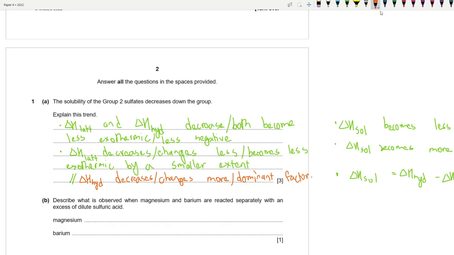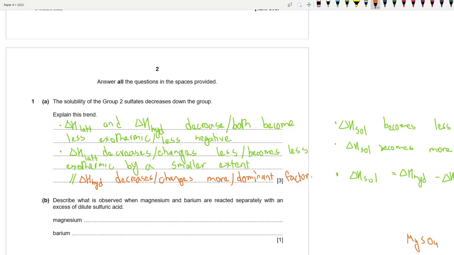It's just that, basically, they decrease in magnitude, or we could say that both of them become less exothermic. Suppose, like initially, if we talk about magnesium sulfate, I'll give you an example. Suppose del H hydration is minus 50 and del H lattice is plus 40. So we get a value of minus 10, which is soluble.